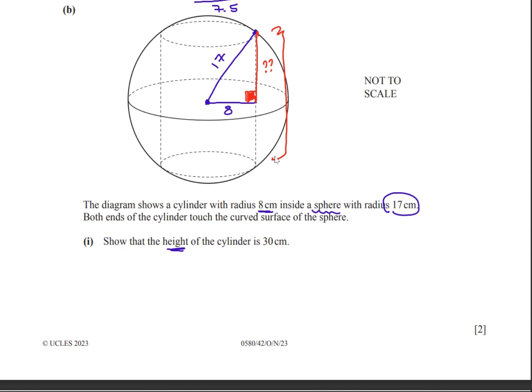If I want to get this part, it will be the side, so I will put minus using Pythagoras. Here will be 17 squared and here will be 8 squared, which is 17 squared minus 8 squared. We can calculate it on the calculator. It will give you 15. So this is half the height, so the height equals 15 multiplied by 2, which equals 30 centimeter.